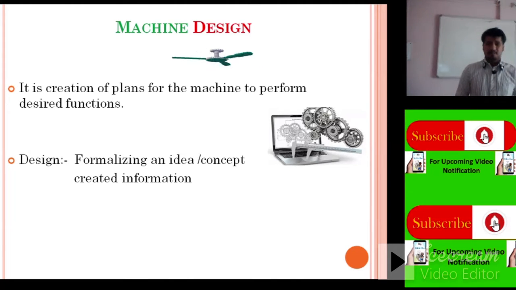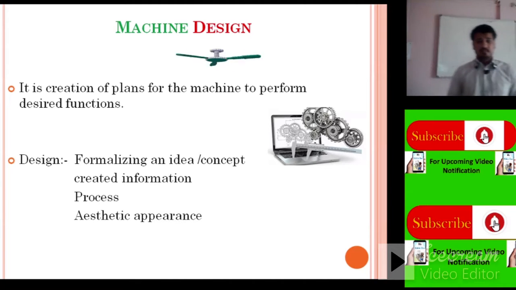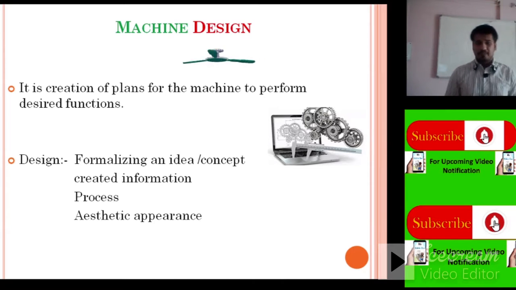Then the second point is created information. After formalizing the idea or concept, we have to create some information regarding that machine. Second is process, then aesthetic appearance. This is the most important parameter, and we are going to discuss it in more detail at the end of the semester.